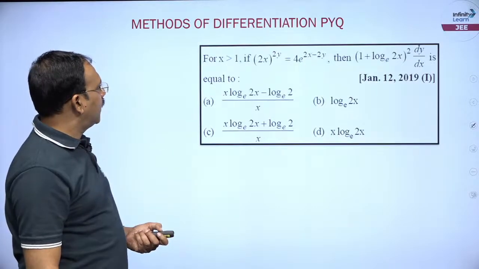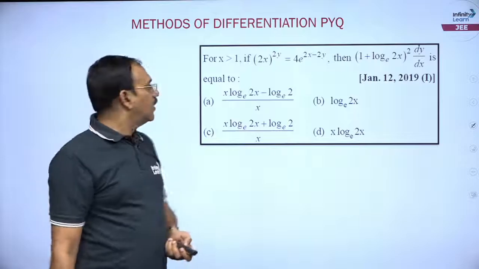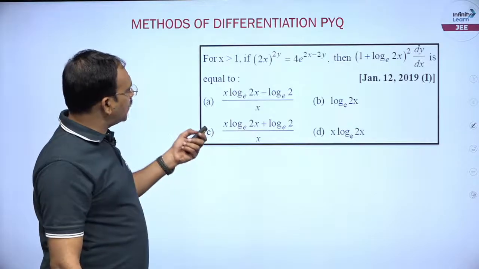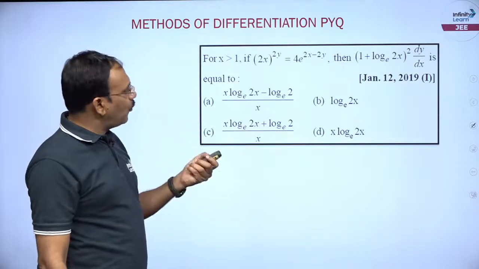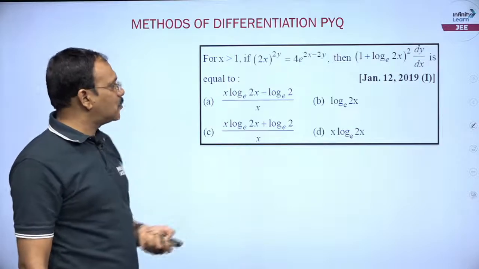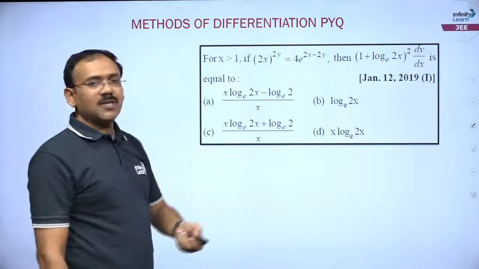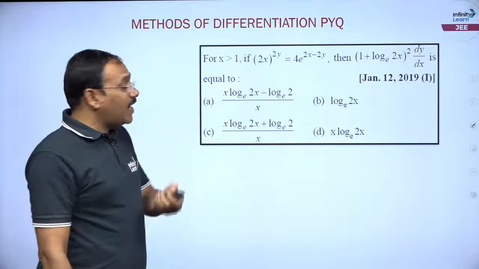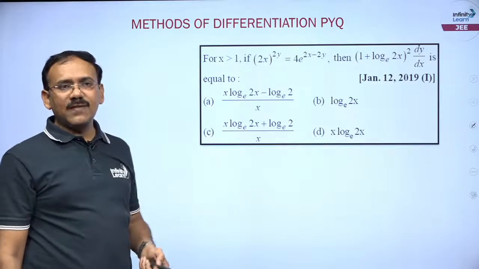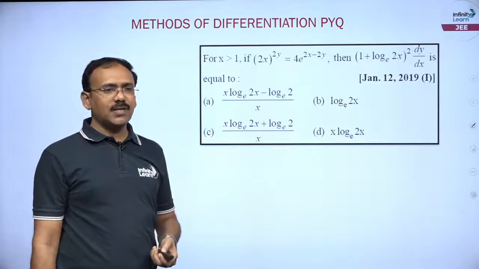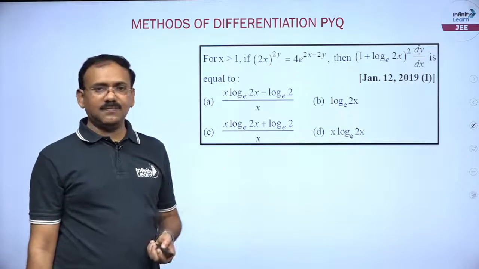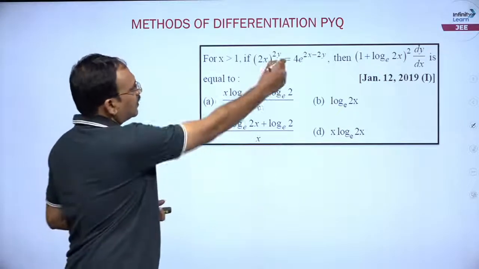Yeah. So, this is a function. 2x power 2y is 4 into e power 2x minus 2y. Then find that expression. Whenever variable power variable is given, if at all you want to find the derivative, better you go with logarithm. Just take logarithm on both sides.